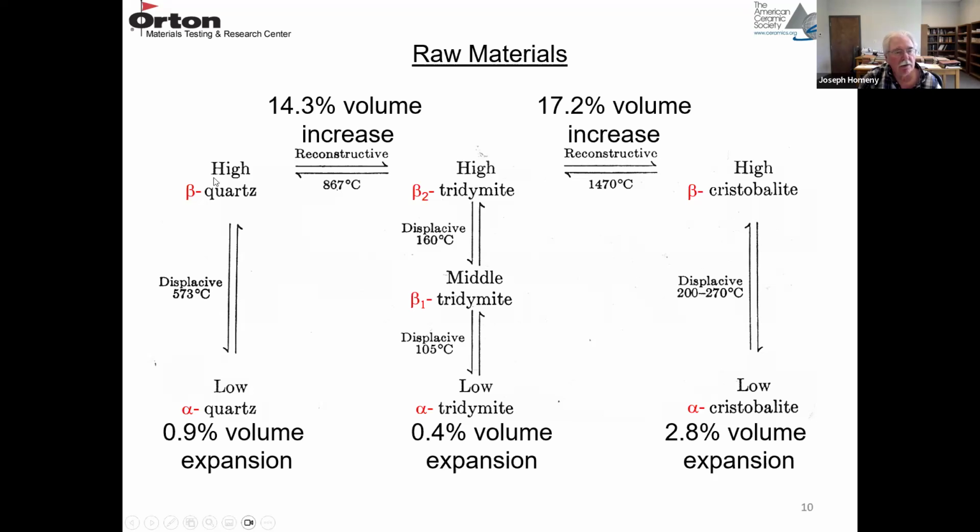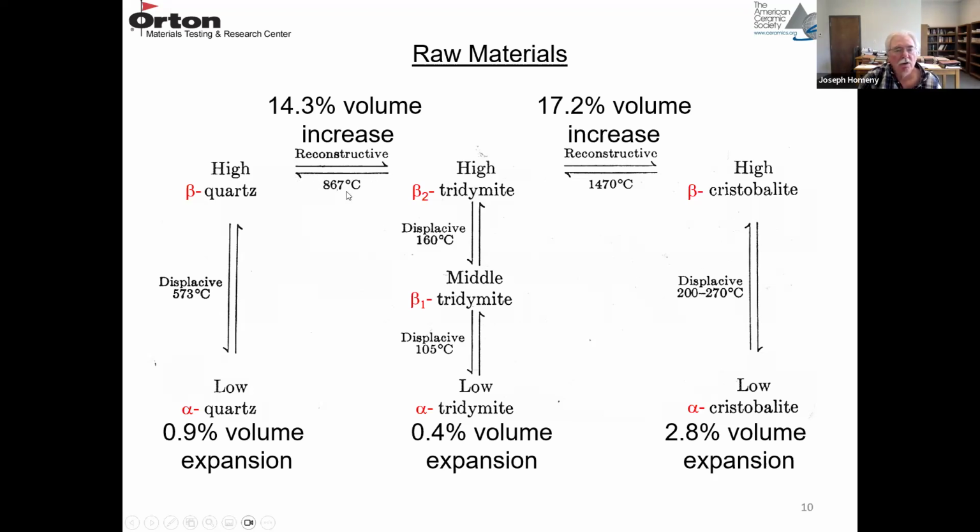And if you take quartz and heat it to a high temperature, the first reconstructive transformation is to tridymite. Thermodynamics predicts that at 867 degrees C, this reconstructive transformation should take place. But you also have to consider the kinetics.